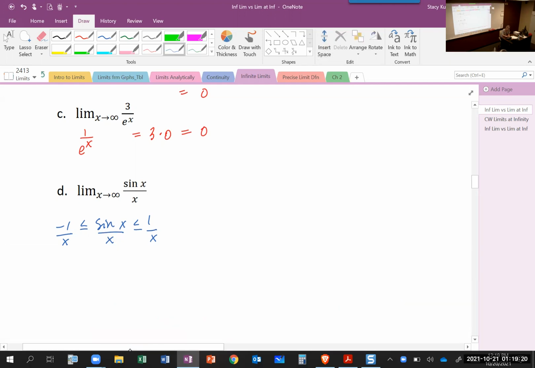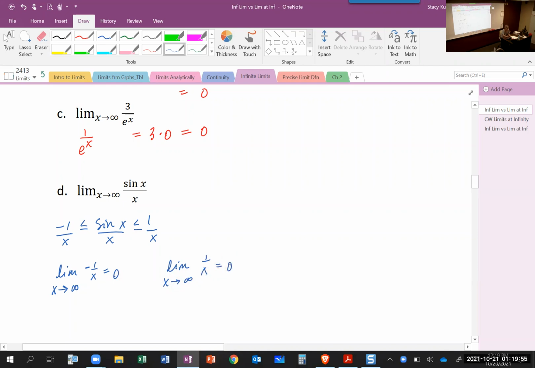So now if we look at this using the squeeze theorem, I want to know what is the limit as x approaches infinity of negative 1 over x. What's that limit? What's the limit as x approaches infinity of 1 over x? 0. Very good. What's the limit as x approaches infinity of positive 1 over x? Still 0, right?